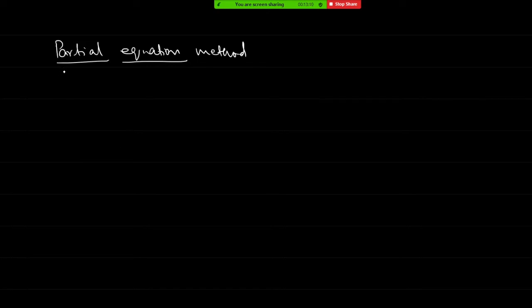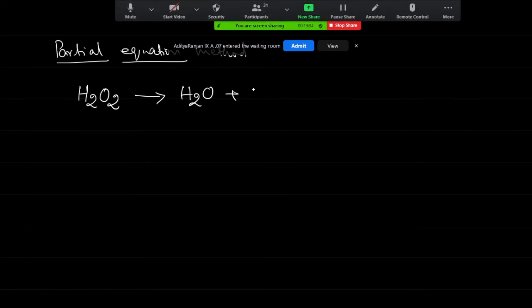So let us see, hydrogen peroxide formula is H2O2, with the peroxide ion O2 2 minus. It will decompose to give rise to water, and it will liberate what we call the nascent oxygen.